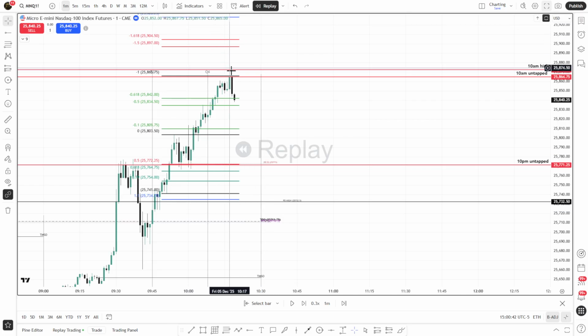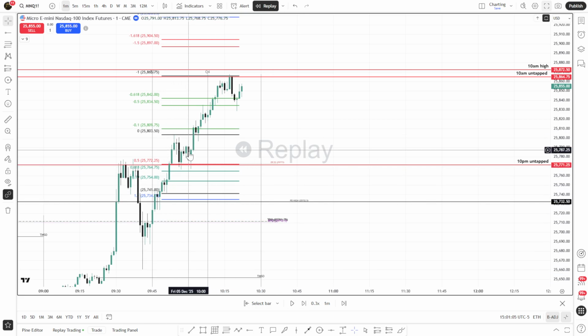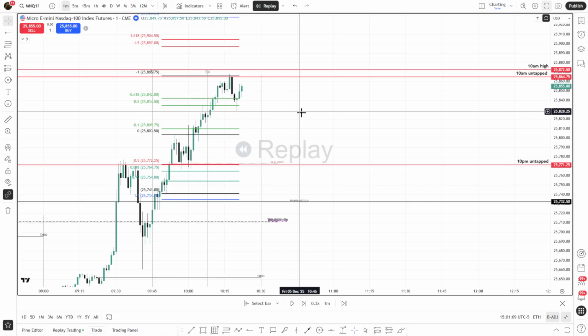We get a strong rejection off of that. We get a down close candle that engulfs both of these candles up into this level. Also, if you notice the range that was measured, we're at 1 standard deviation of that range.